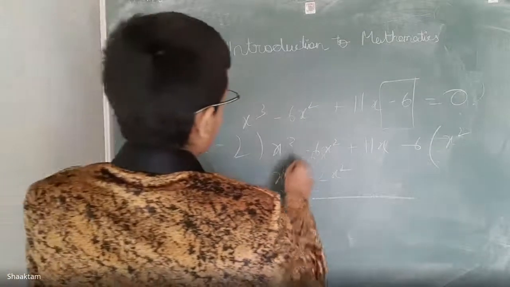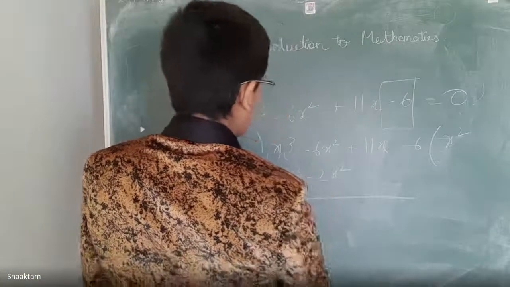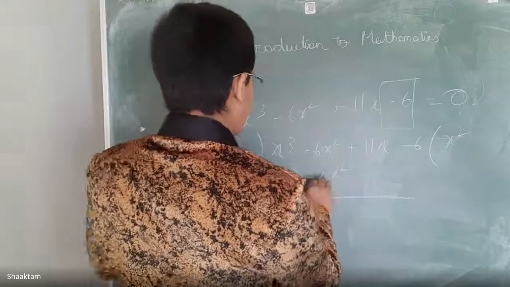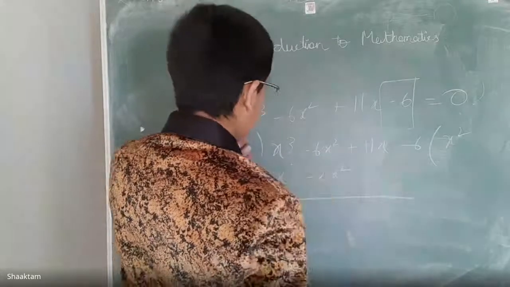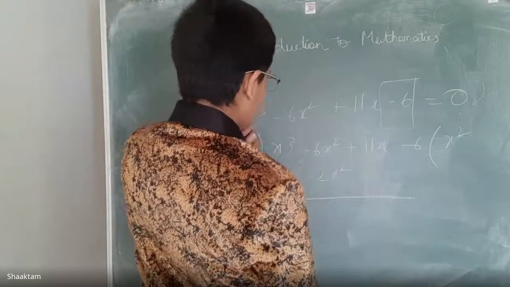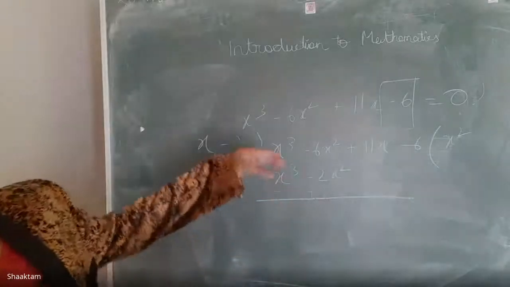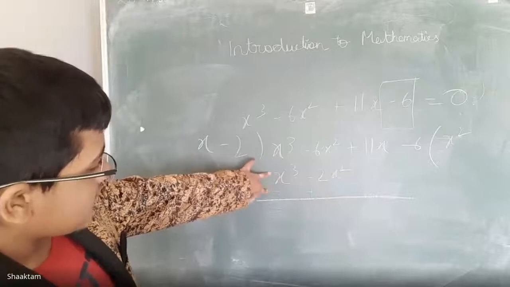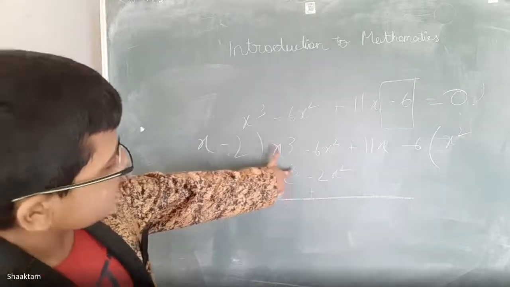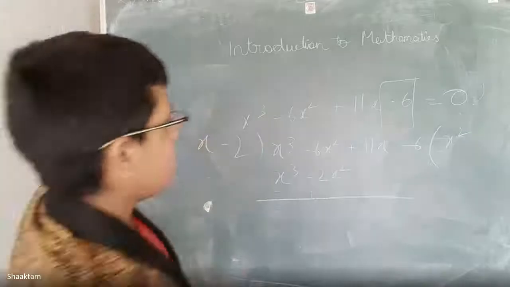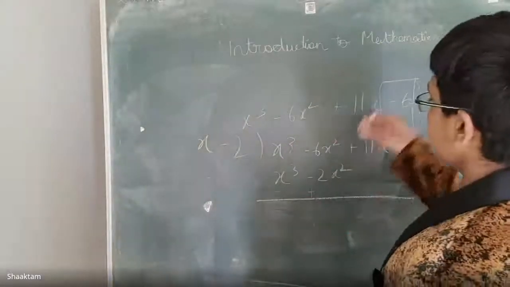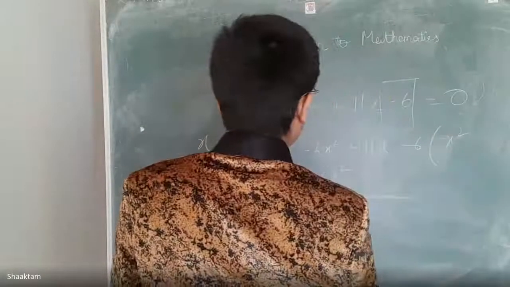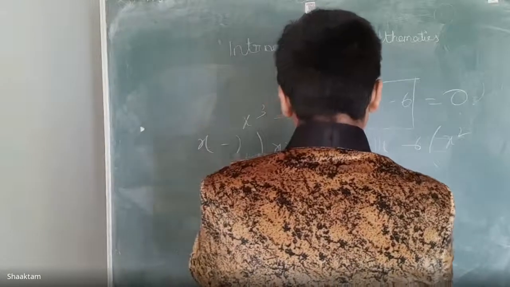Like when we are dividing polynomials, if it's positive, we put a minus down; if it's negative, we put a plus down. So we'll get minus 6 plus 2, so we'll get minus 4x square plus 11x minus 6.